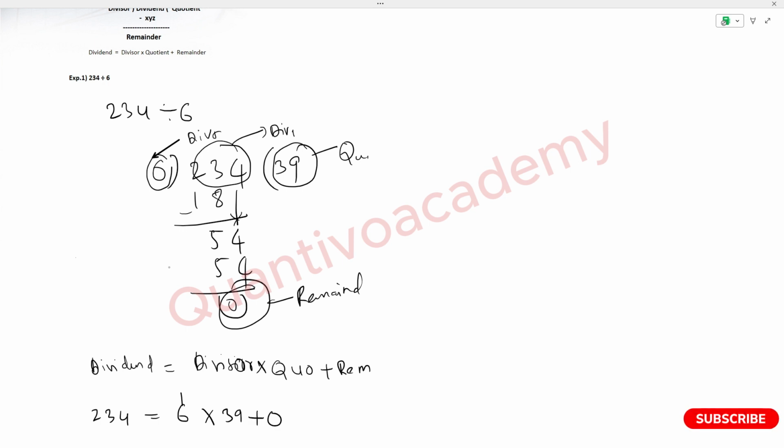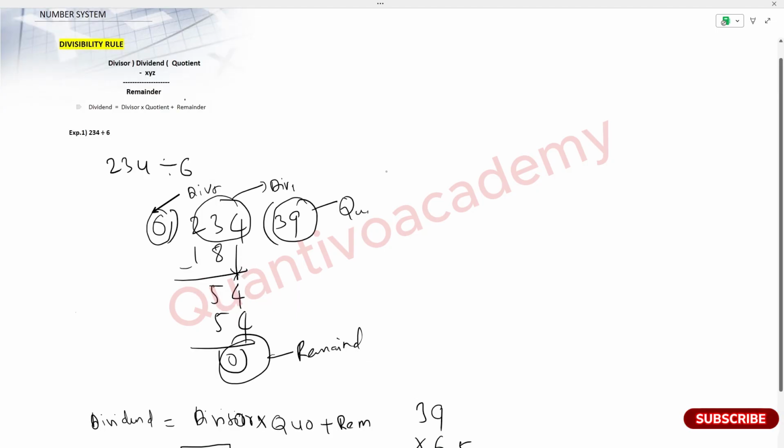Now let's multiply these two numbers, 39 into 6. 6 9s are 54, write 4, carry 5. 6 3s are 18, 18 plus 5 is 23. So 234 plus 0. So dividend is equal to divisor into quotient plus remainder, so 234 is equal to 234.